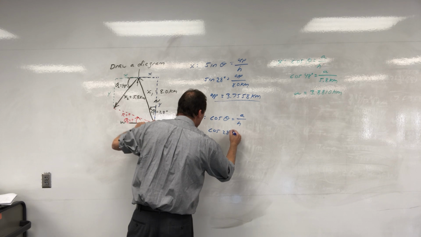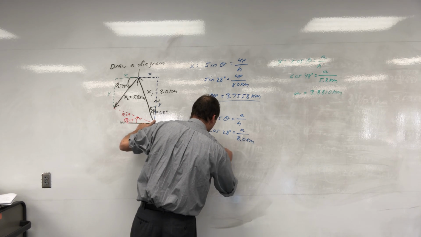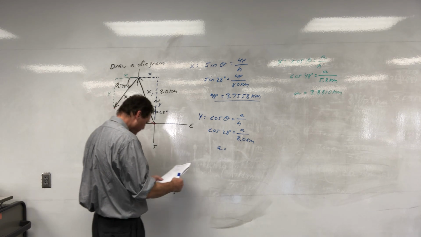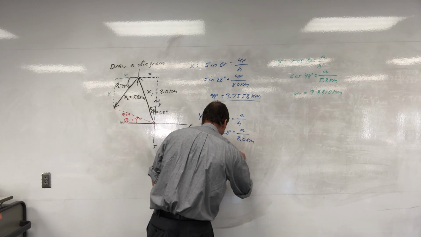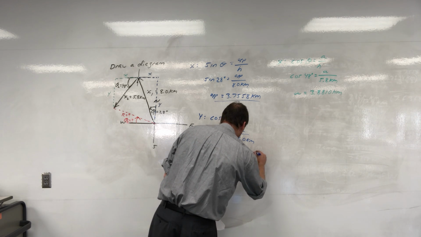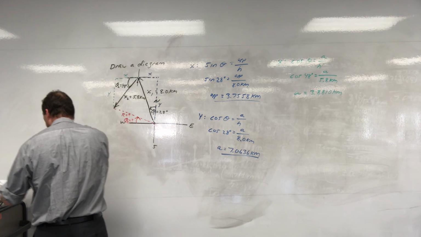Cosine 28 degrees equals the adjacent over 8 kilometers. And that is going to turn out to be 7.0636 kilometers. And I'll go ahead and underline that again.